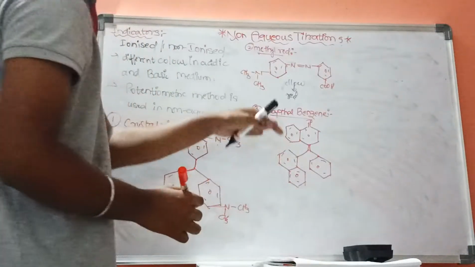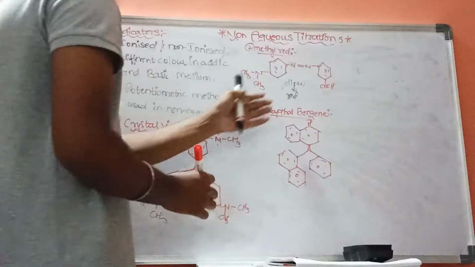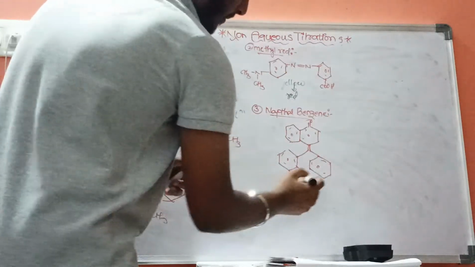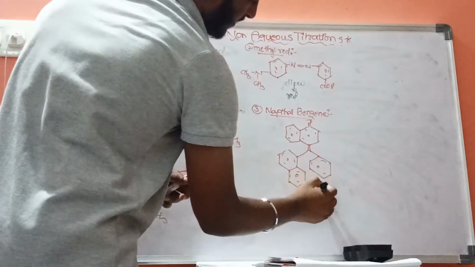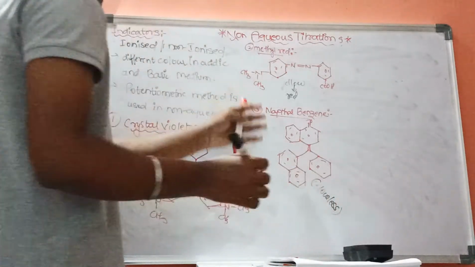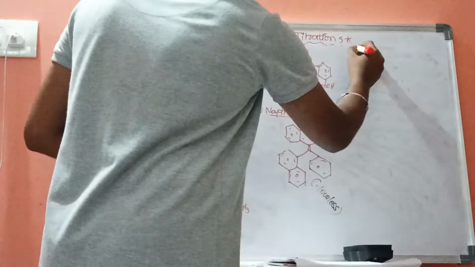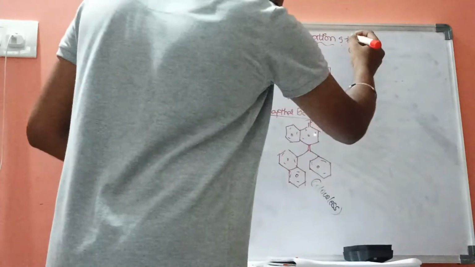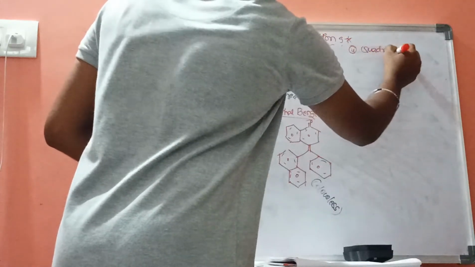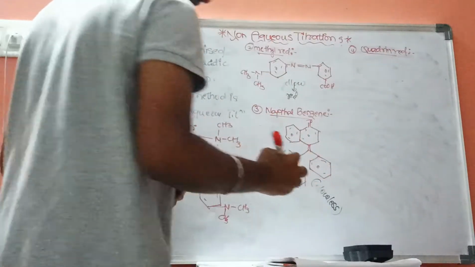this is the structure of naphthol benzene, and the endpoint will be estimated by its color changing into colorless. This is the third indicator, and the fourth indicator is quadrant red.